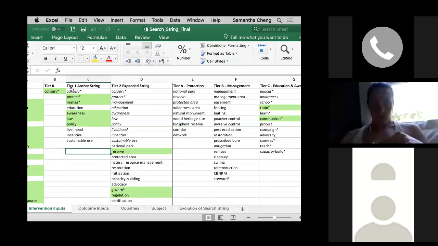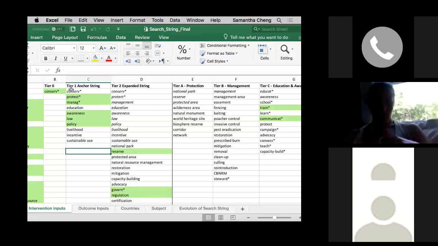And then because we're using an established framework already of different types of conservation interventions, we were able to pull out those categories and say, okay, if we're talking about protection as a form of intervention, what are all the terms that go with protection? We're talking about management of natural resources. What are all the terms and the ways you can talk about management of natural resources? And so you might want to think about that as you're going through your search development.